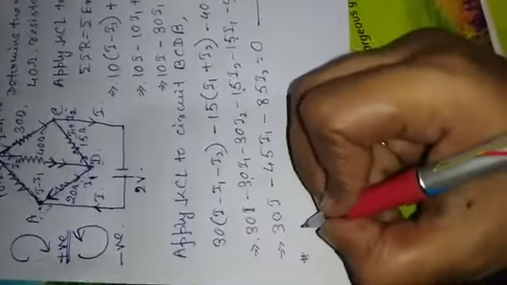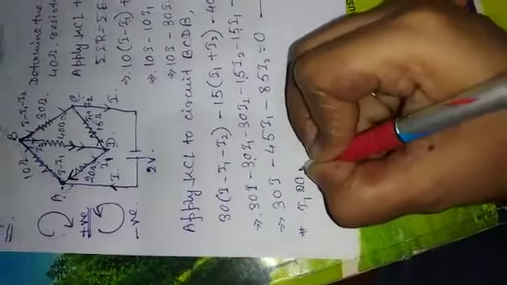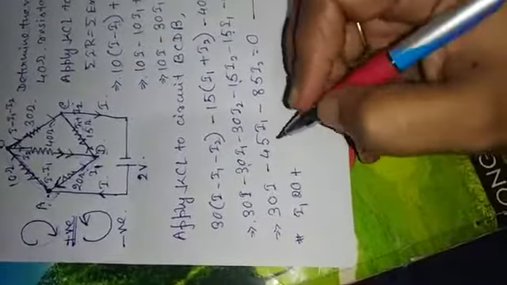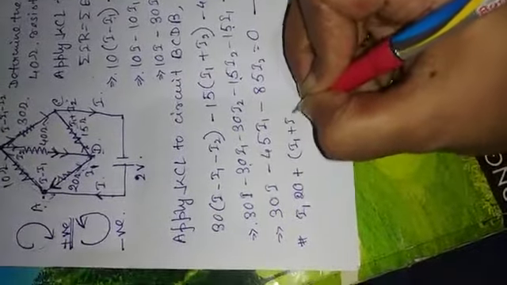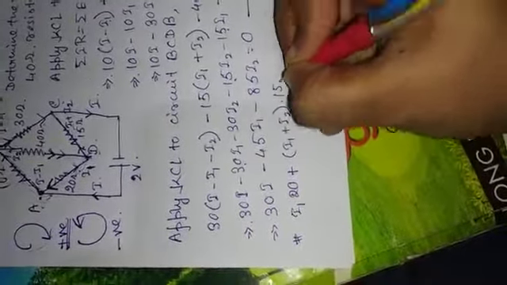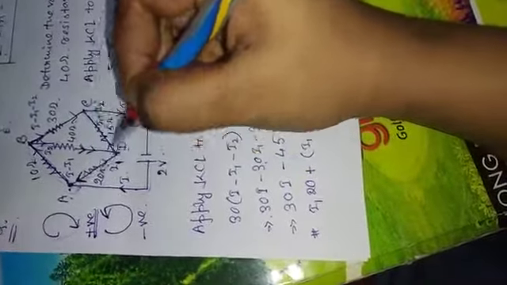So here total, it will be I1 into 20 plus I1 plus I2 into 15, that should be equal to 2, for this one, okay?